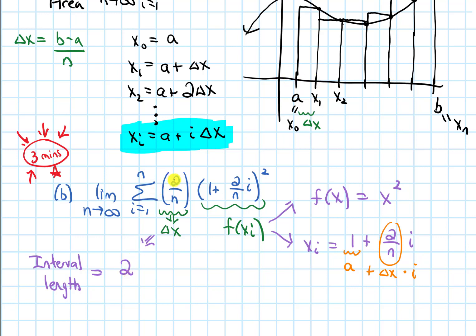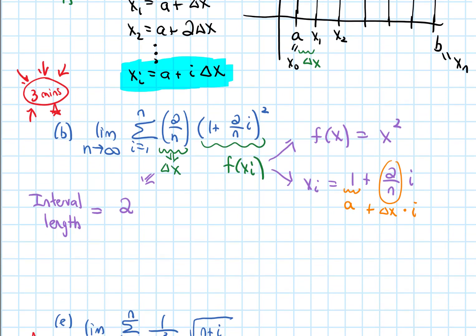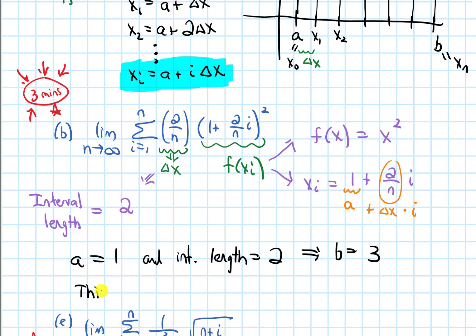Knowing that our interval starts at a, which is 1, and the interval length is 2, that tells me the other endpoint b has to be 3, which means this is an area under the function f of x equals x squared over the interval from 1 to 3.